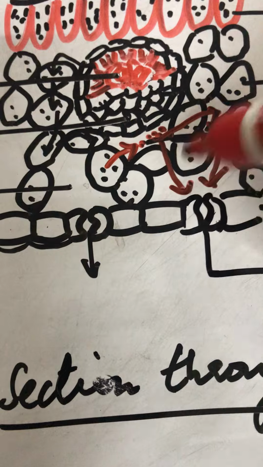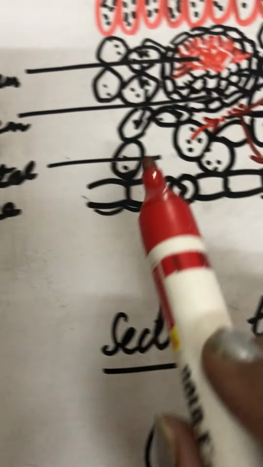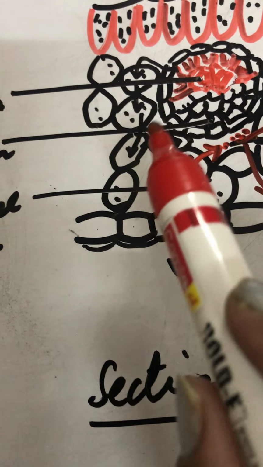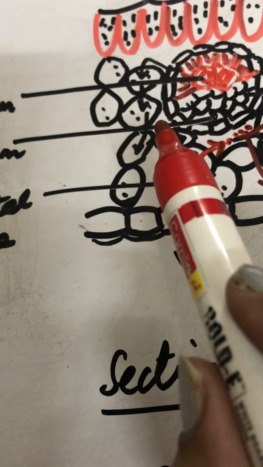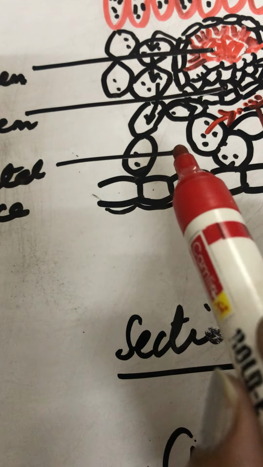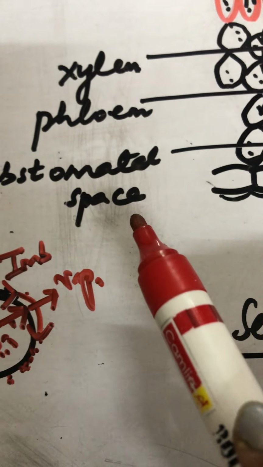They come into this space behind the stomata, which is called substomatal space. So spongy cells have spaces in between them which are called intercellular spaces, and they have spaces behind the stomata which are called substomatal space.